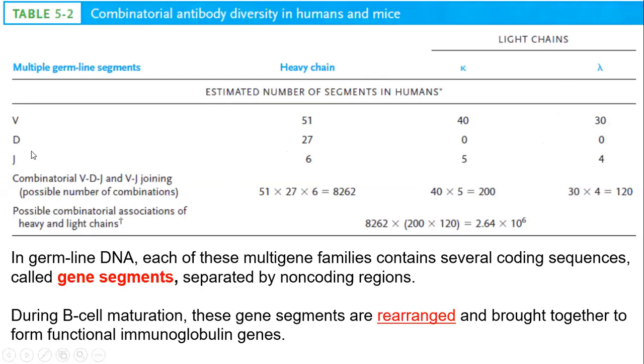If you combine V, D and J randomly from these numbers, you get a combination in terms of probability. You multiply the three factors and get close to 8000 variability for the heavy chain. Then for the light chain, D will not be there, and you get 200 into 120 combinations. Multiplying these combinations, at a given time you can generate close to 2.64 into 10 power 6 variable antibodies constituting different domain structures.